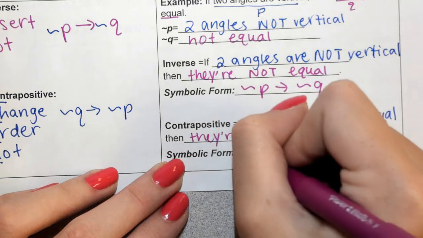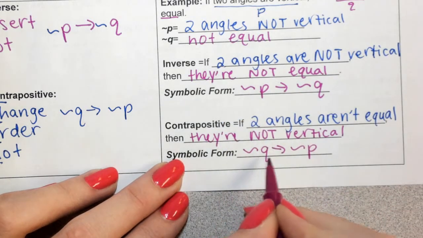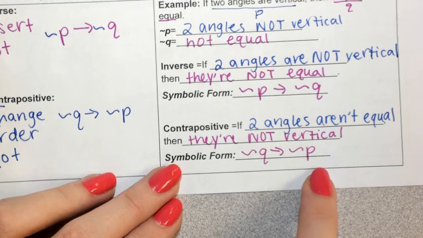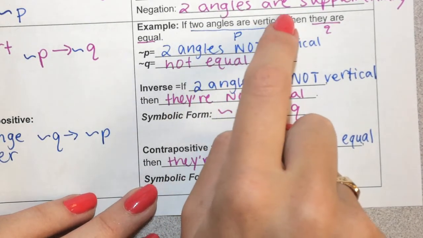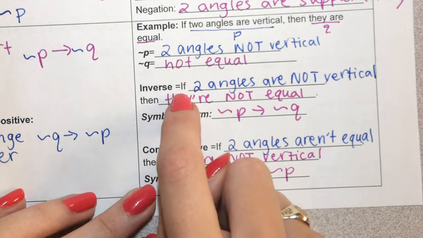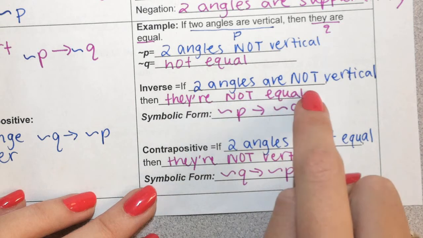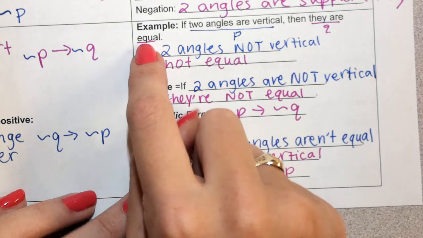And again, that symbolic form is squiggle Q, squiggle P. So not Q, then not P. Alright, I know that was a lot of writing. I do just want to say for these types of problems, it's totally okay if you just pick a keyword. So you could even say, if not vertical, then not equal. So just picking a keyword is okay too.